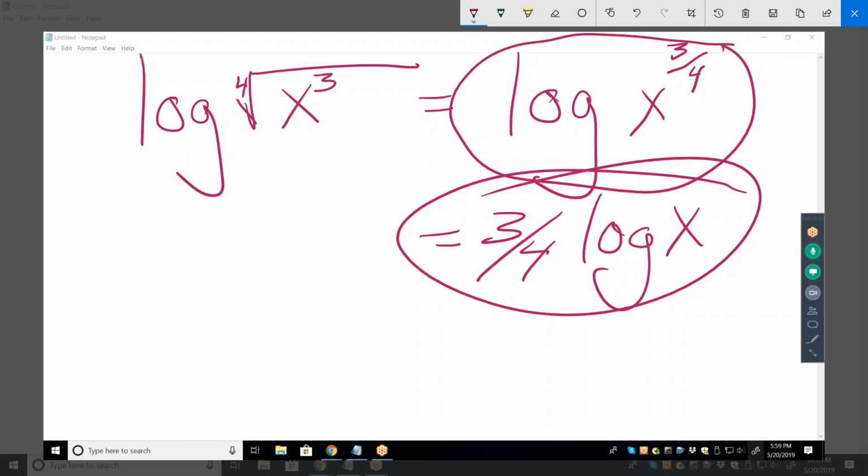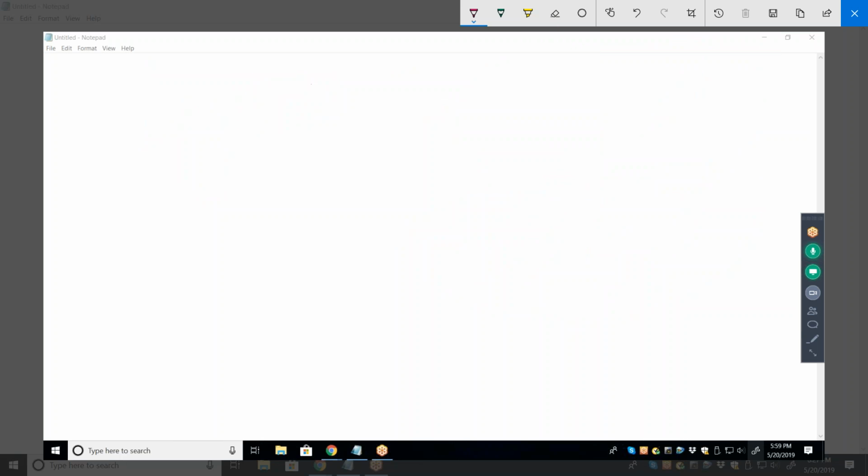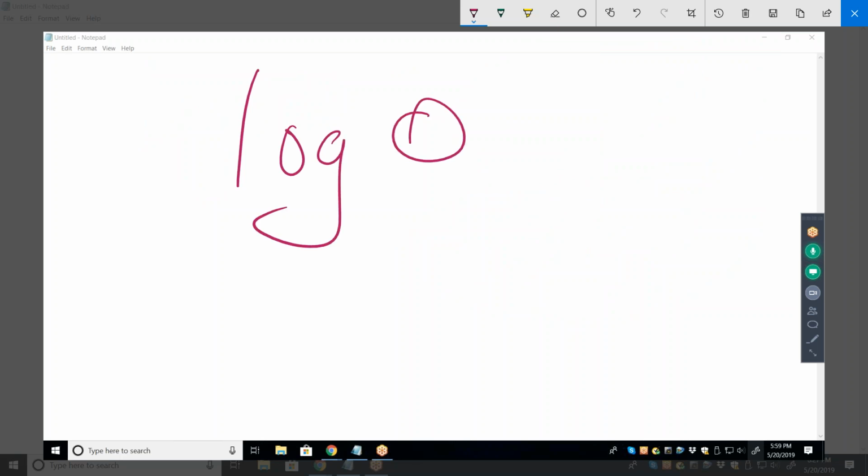All right, sweet. Okay, one last thing. What's this? That be 0? So if it's base 10, 10 to the 0 equals what? Is that 1?